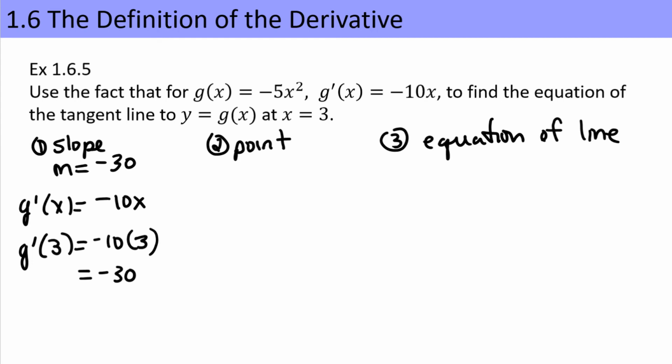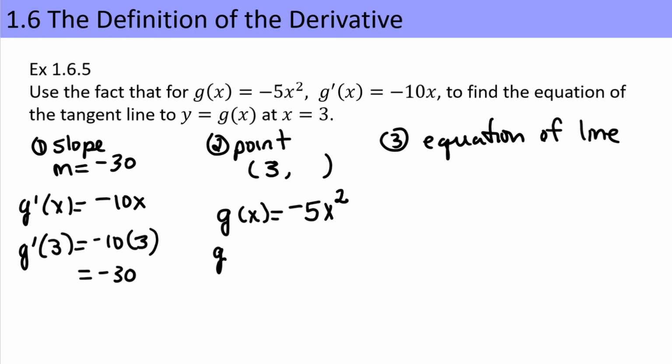It is decreasing rapidly. The point is an ordered pair. You need an x, comma y. We are given that the x is 3. We need a corresponding y value, which you get by evaluating the x in the original function. So now we have that g of x is equal to negative 5x squared.